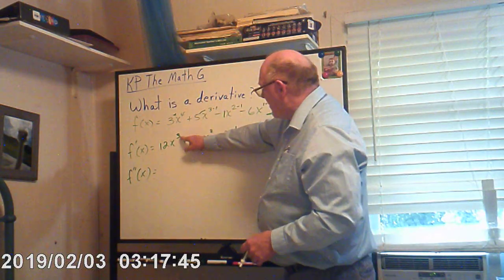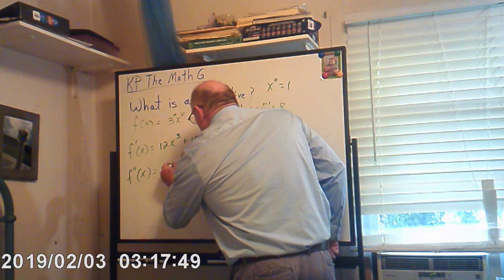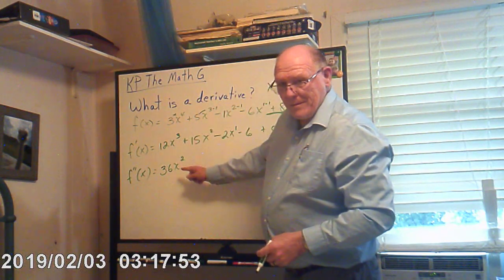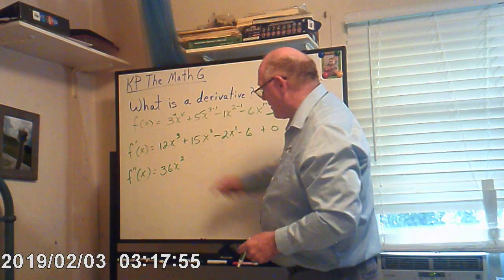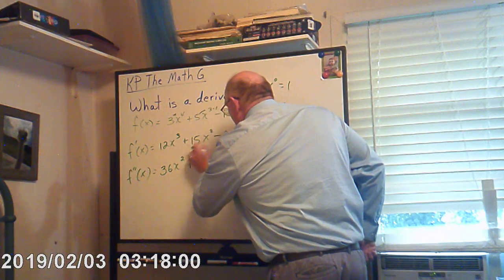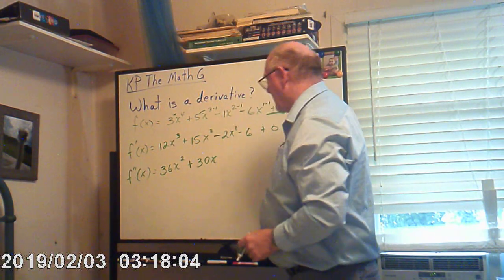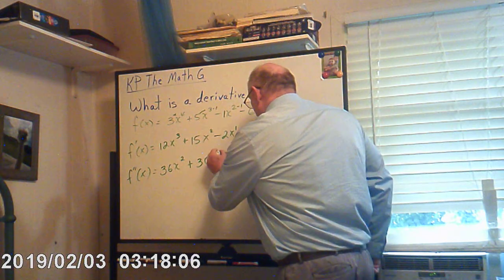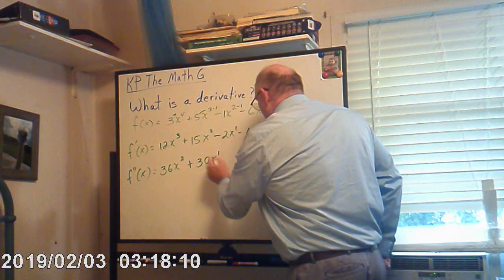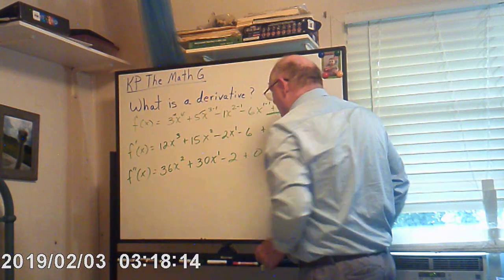Again, 3 times 12, 36, x squared. Take 1 off, remember: 3 minus 1 is 2. 15 times 2 is 30, x to the 1. And of course, this is going to be just -2. And remember, the derivative of a constant is 0.